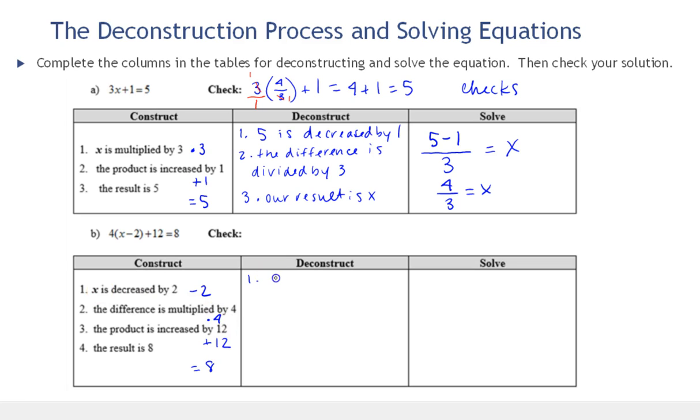So 8, well, we had increased by 12, so we're going to decrease. So 8 is decreased by 12. Then this is a difference, so the difference, instead of multiplying by 4, we're going to divide by 4.